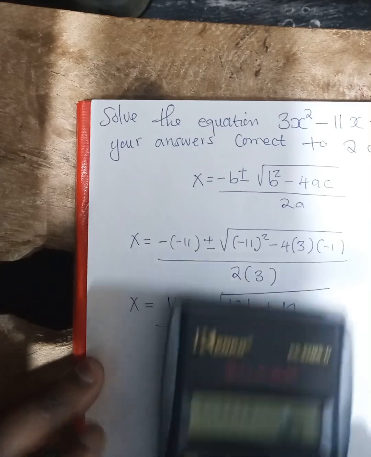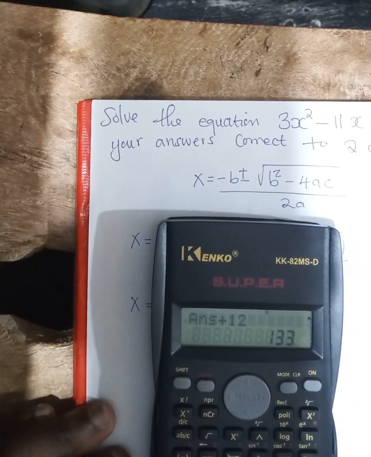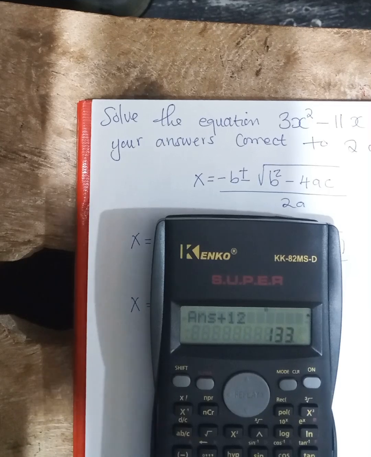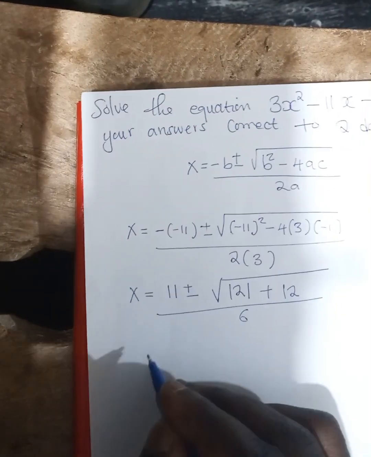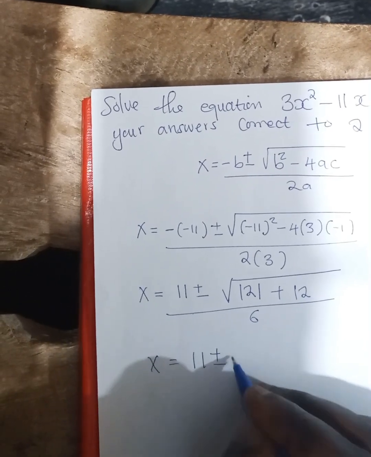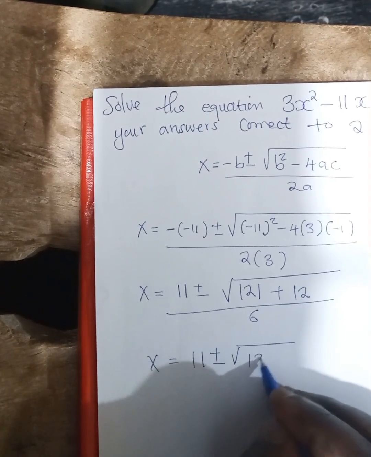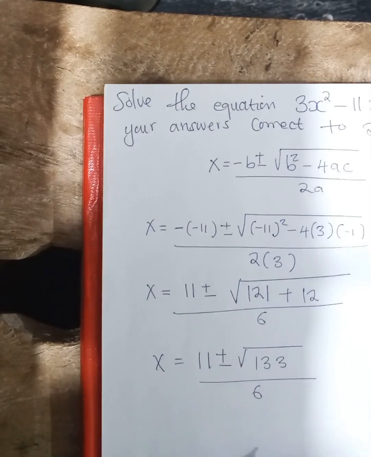So we can add 121 plus 12. We are going to get 133. So we'll have x equal to 11 plus the square root of 133 over 6.